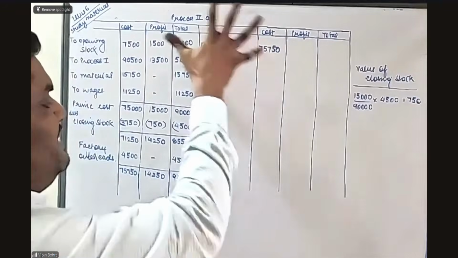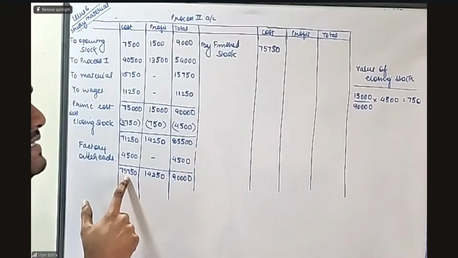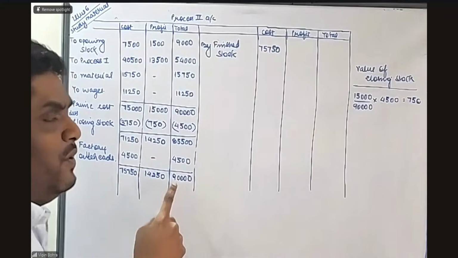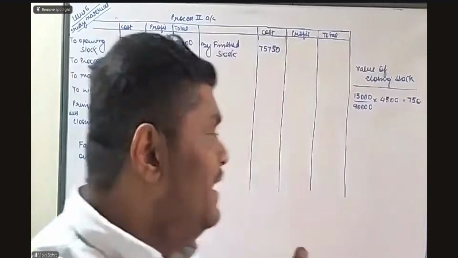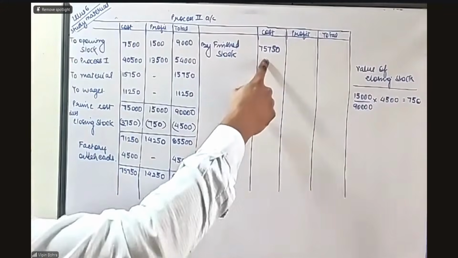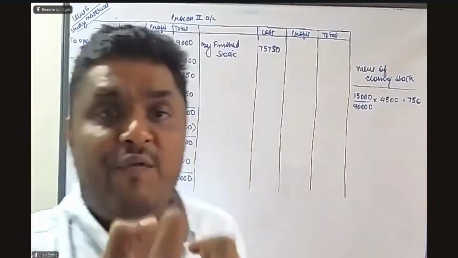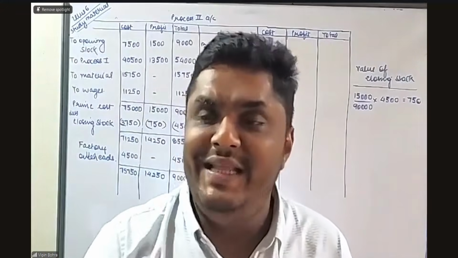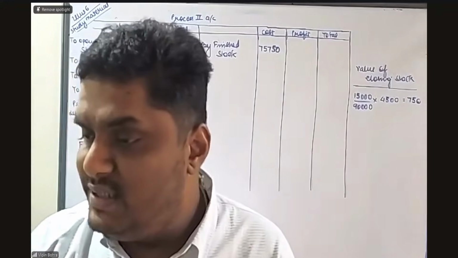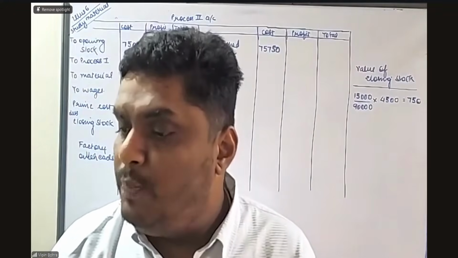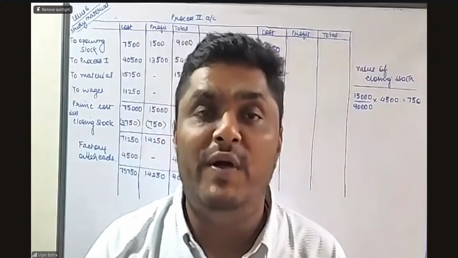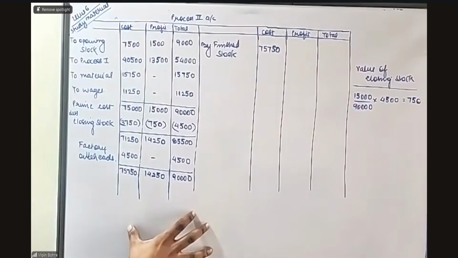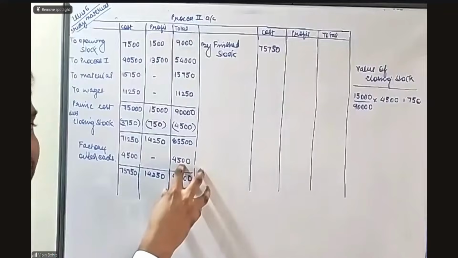See, this is the cost to the company. But for process second perspective, 90,000 is the cost. Very important. 90,000 is the cost. Now, it is given that the output of process second is transferred to finished stock at 20% profit on transfer price. See, what is the cost for process second? 90,000.